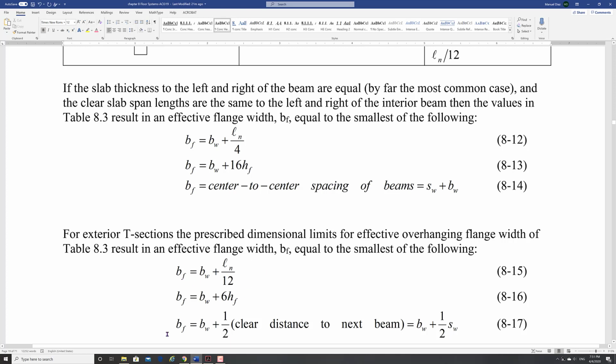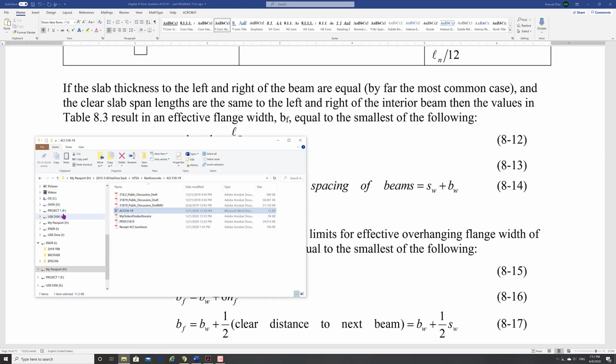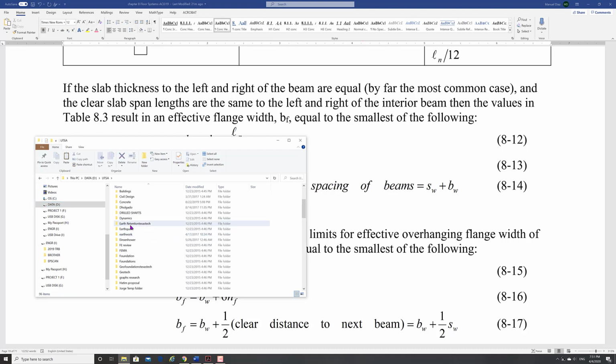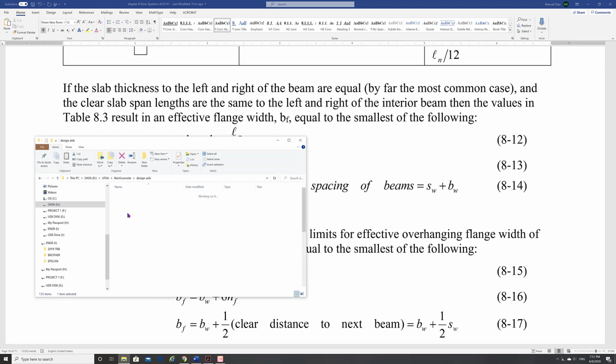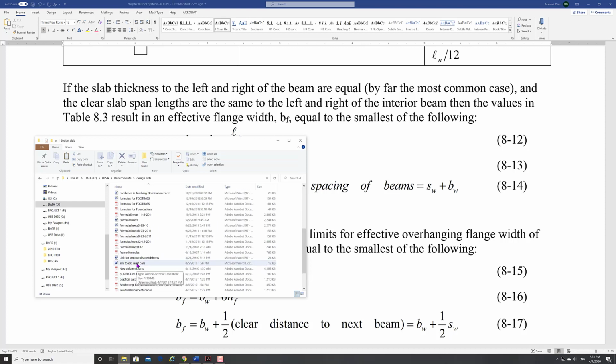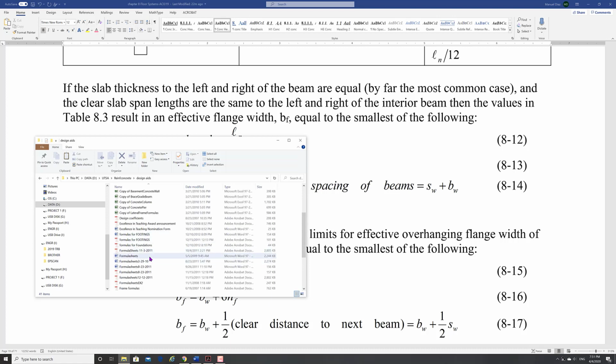And some of these, I don't know if all of them, but some are in your design aids. I don't know if I didn't open your design aids this time. Oh, that's weird. Okay, so let me see here. Where are my design aids?